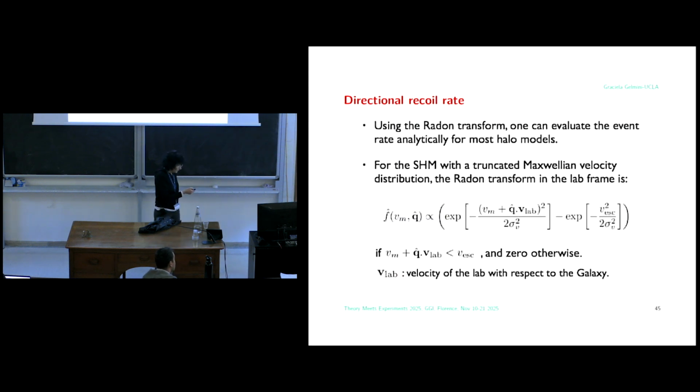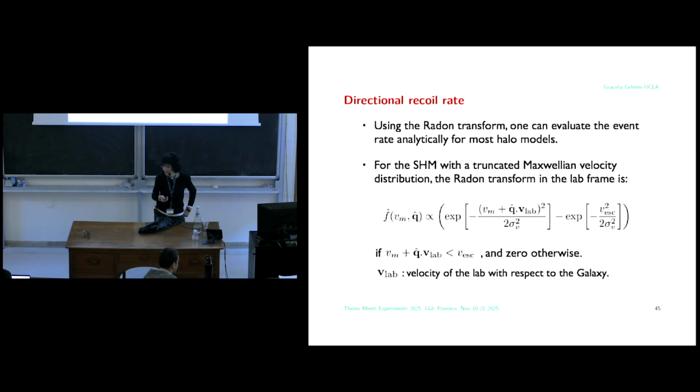And you can compute, in this case, for the usual eta function that I defined before, exactly what it is. For the SHM with the truncated Maxwellian velocity distribution, the Radon transform in the laboratory is this. And then, of course, you have to impose that V min plus Q hat dot V lab should be smaller than the escape velocity.